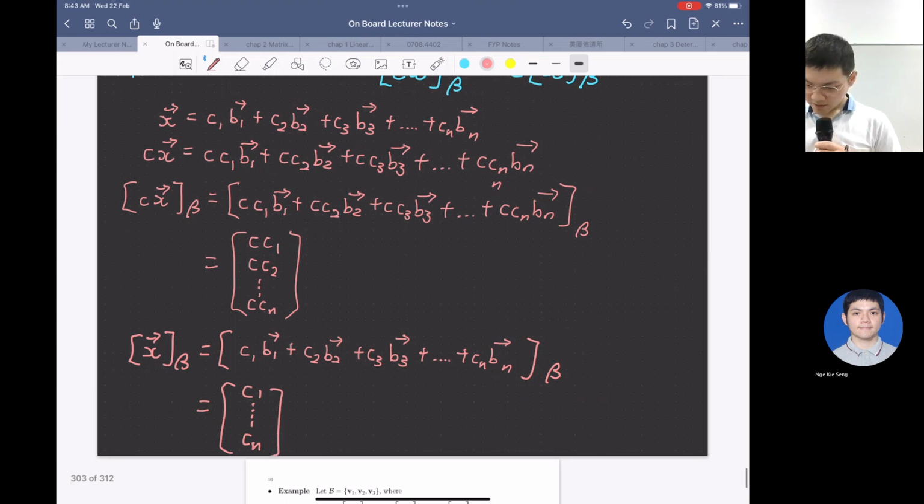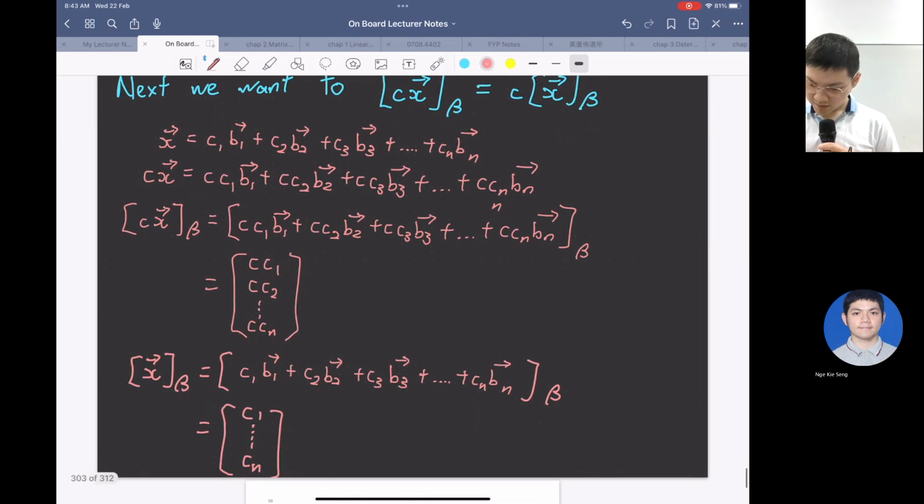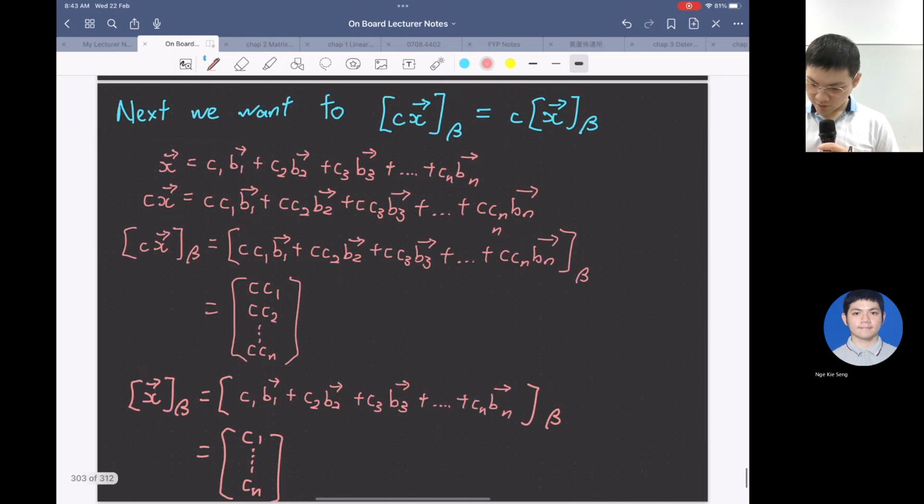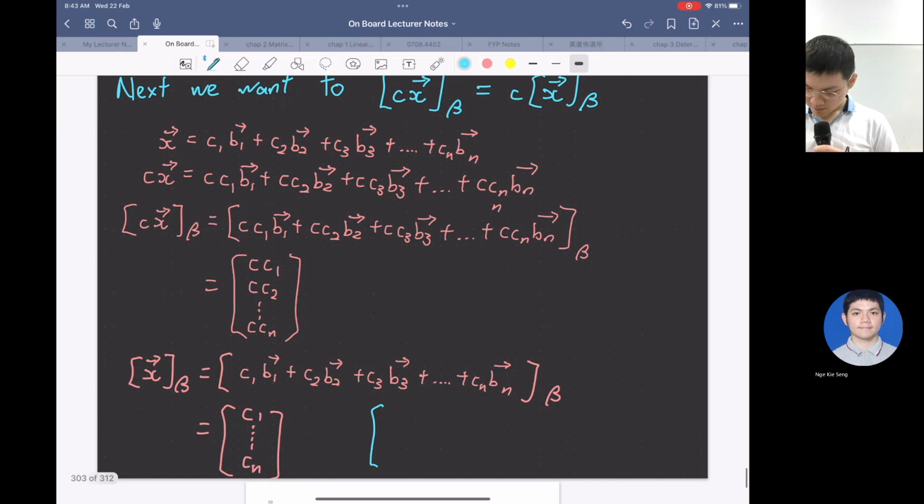Okay. So if you want to check this equality here, what do we have? On the left hand side, we have cc1, cc2 up to ccn.